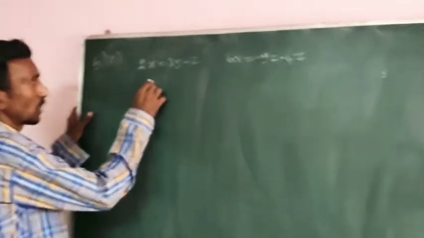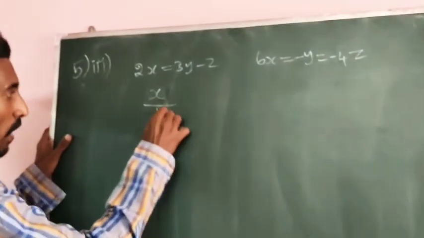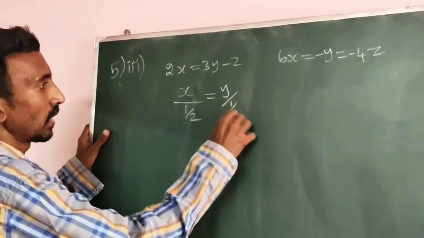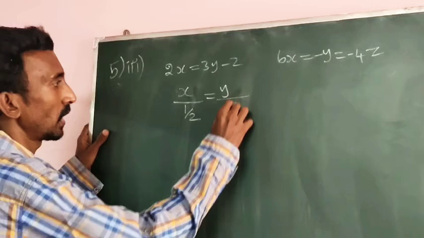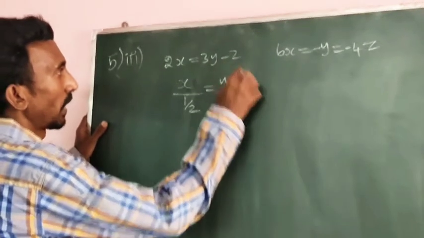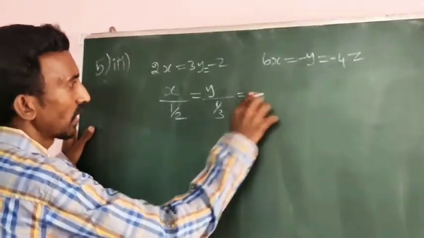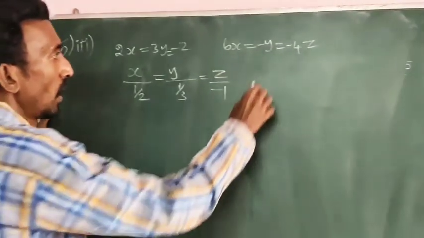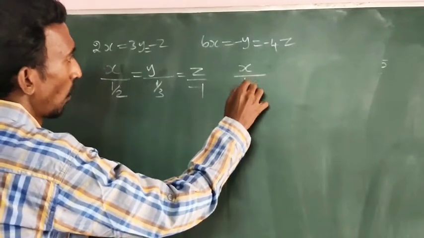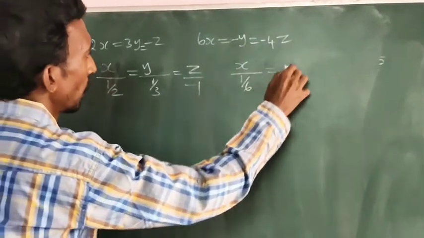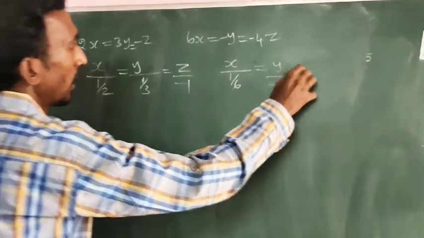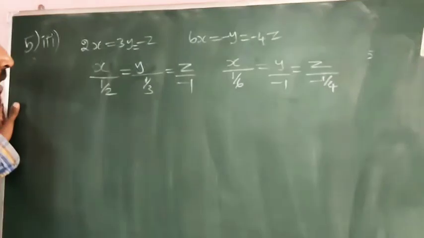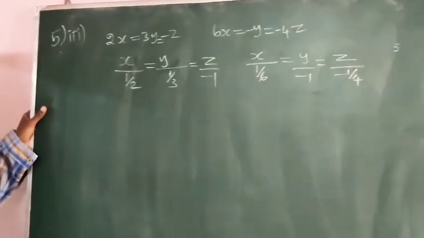Move the coefficient to the denominator: x by 1 by 2 equal to y by 1 by 3 equal to z by minus 1. Similarly the second equation: x by 1 by 6 equal to y by minus 1 equal to z by minus 1 by 4. So we converted into the general form.